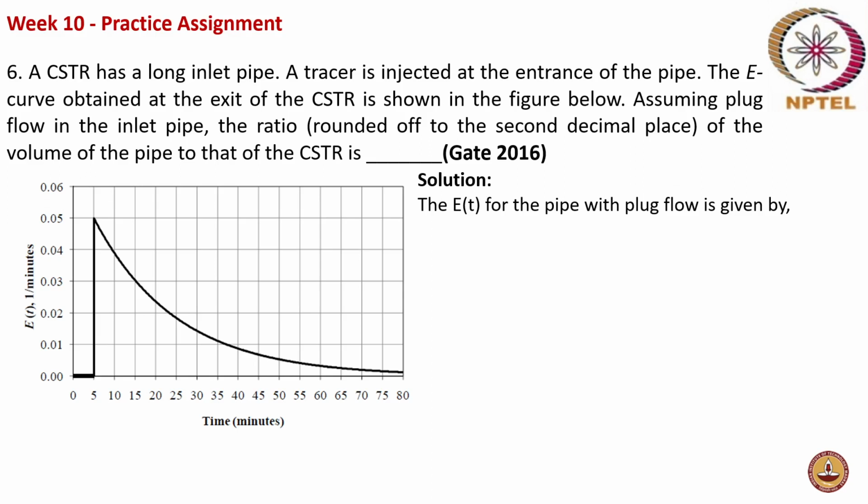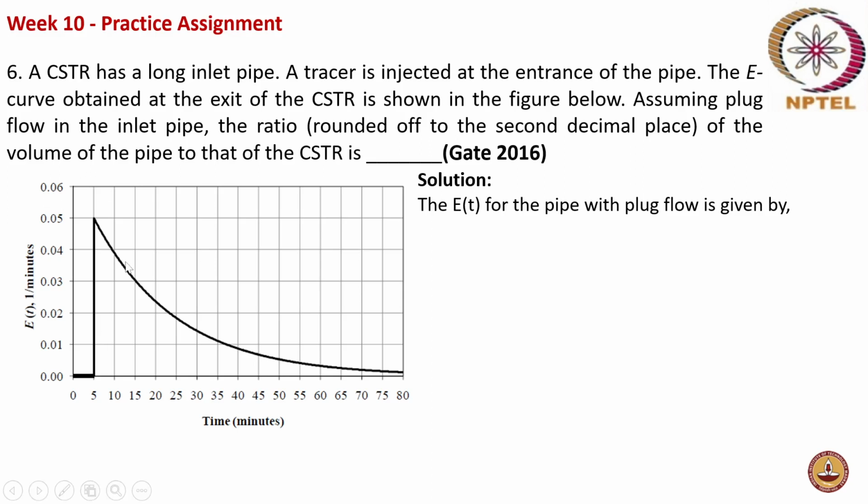One additional piece of information given is that the flow in the inlet pipe is a plug flow. That means all the fluid particles will have the same residence time and will come out of the pipe at the same time. So it will have a spike.